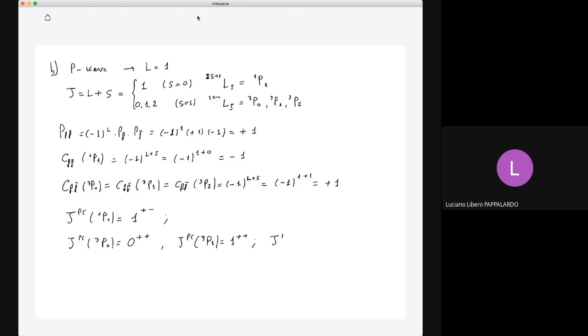And finally, the JPC for the 3P2 state will be 2 plus plus, where 0, 1, and 2 are the three possible values of the total angular momentum. And parity and charge conjugation are all positive for all of them, so even. Okay.